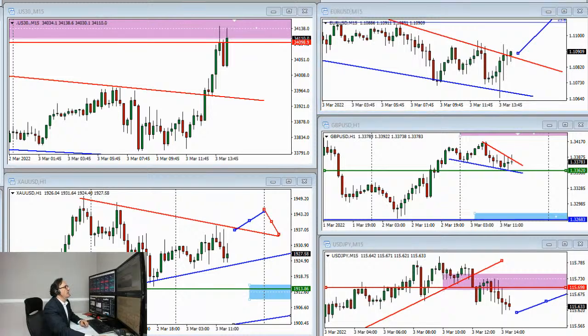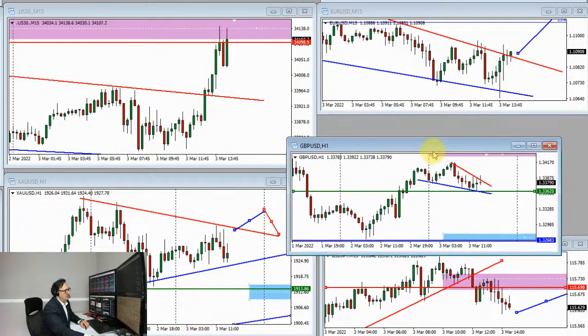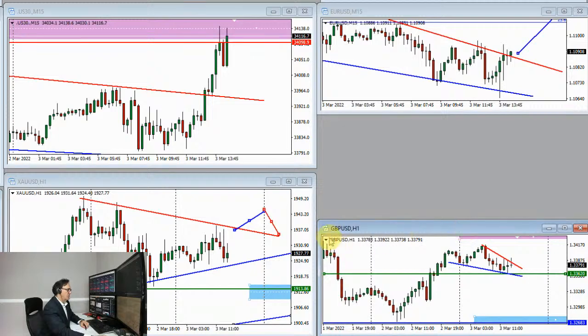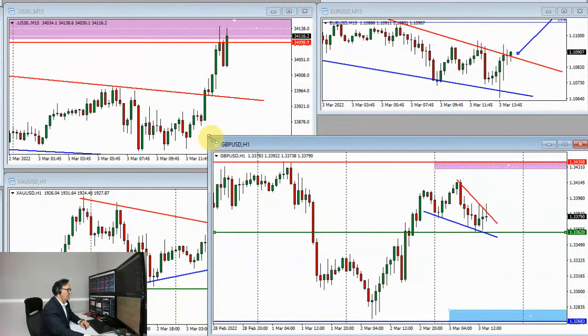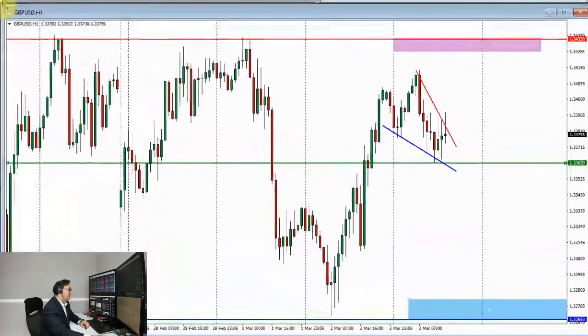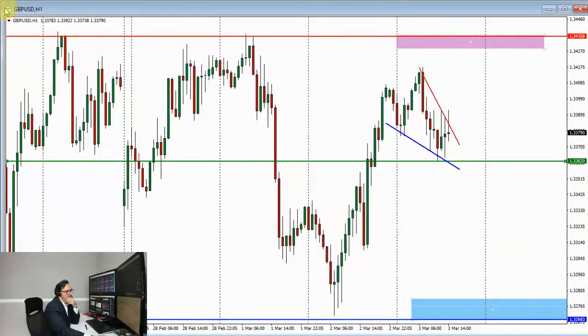Okay, so the other thing that you mentioned is euro sterling, but let's look at sterling dollar first, and then we can look at euro sterling to finish it off, because they'll all tie in quite nicely together. Sterling dollar appears to be creating a little bit of a pennant here.